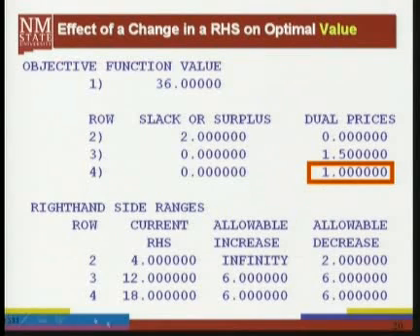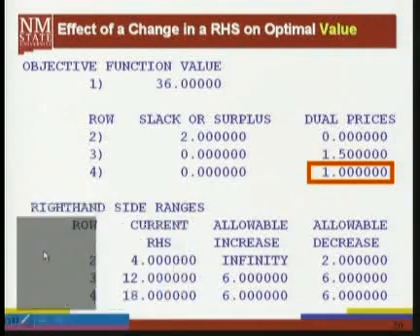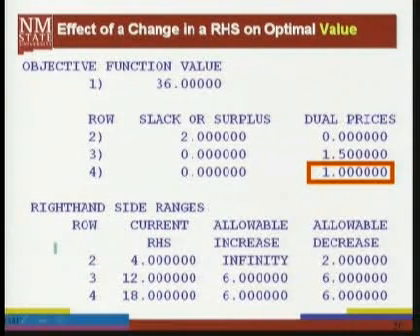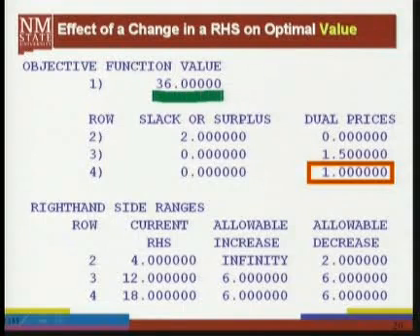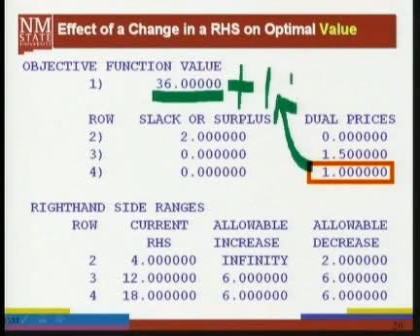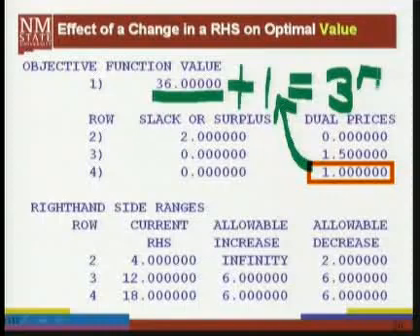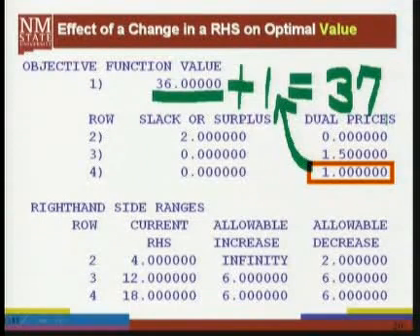So the objective function value becomes this value, 36, that is the current value, plus 1, that is from the dual price. So the objective function value becomes 37. Does that make sense?